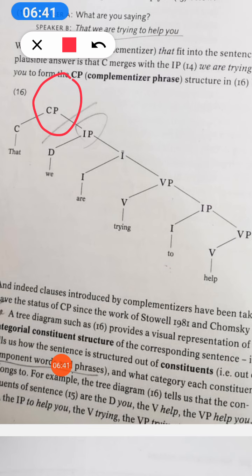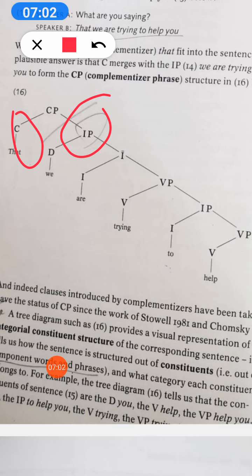The symbol for the complementizer is C, as in this one. So this CP phrase, which is the biggest phrase, that we are trying to help you, is the result of adding the complementizer that to the previous auxiliary phrase are trying to help you.